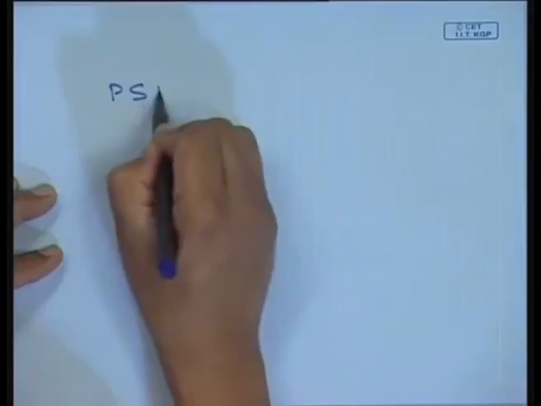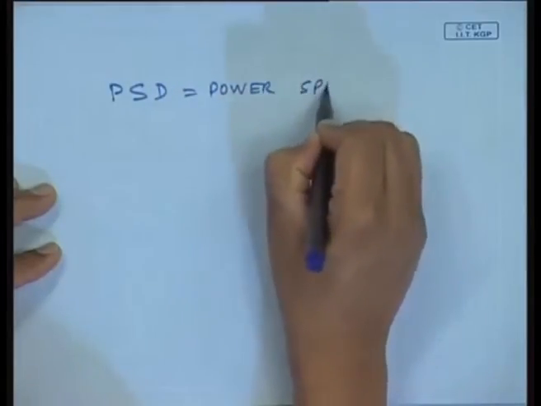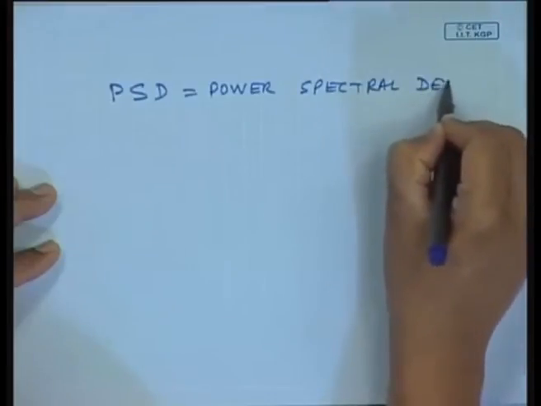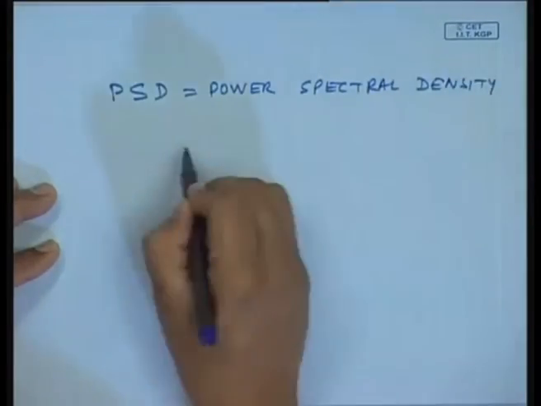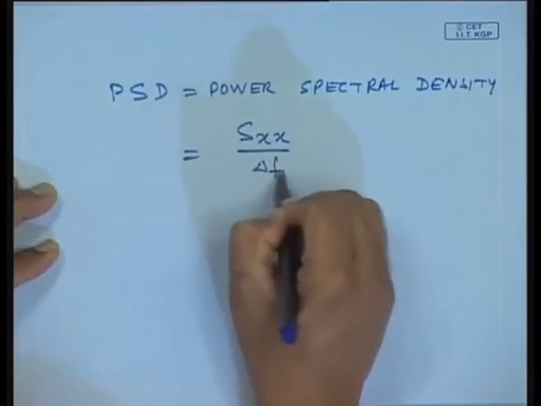Another related quantity is the power spectral density. This is given by the auto power spectrum divided by delta f.